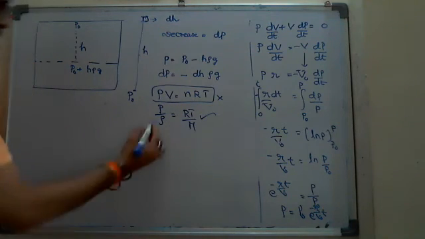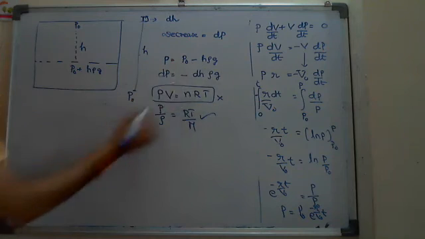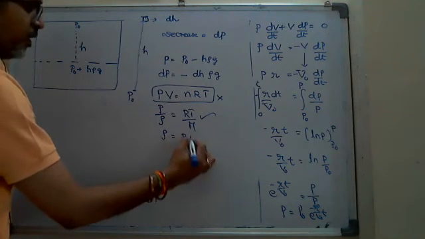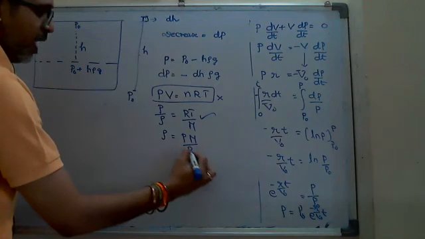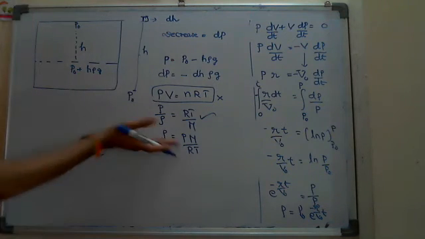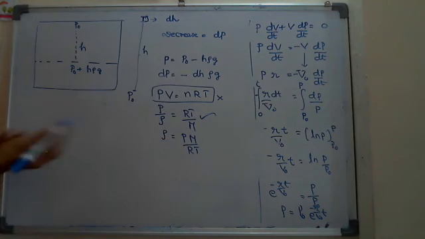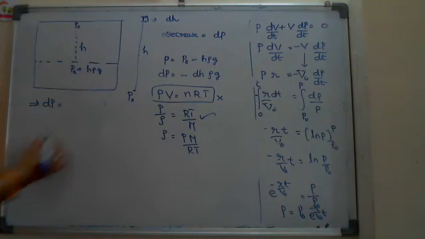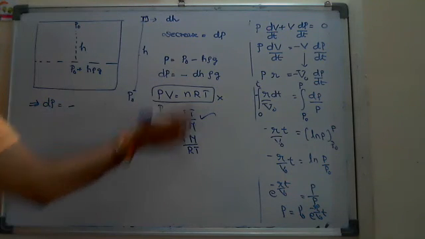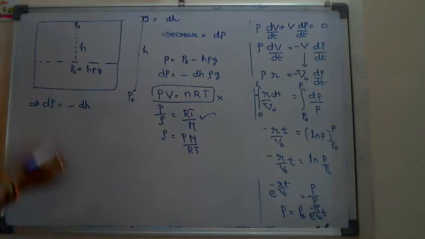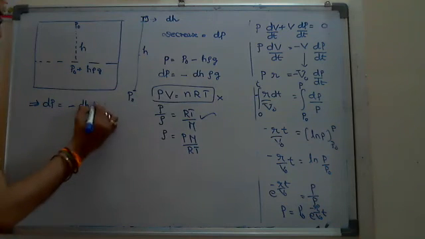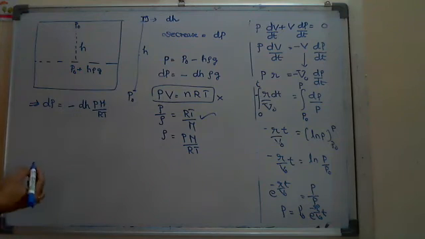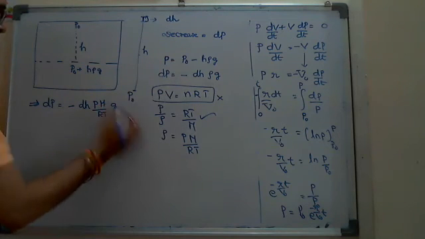So from this I can substitute rho. Rho is equals to P into molecular weight divided by RT. If I substitute there, I think you will get the idea now. dP is equals to minus dH, and here rho, that is PM by RT, into g.